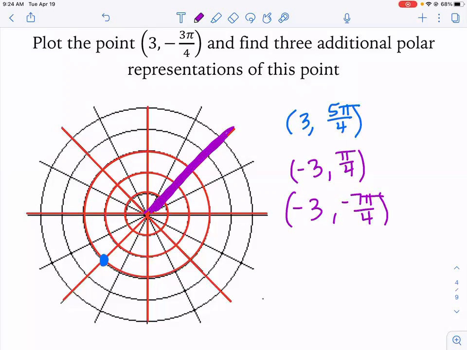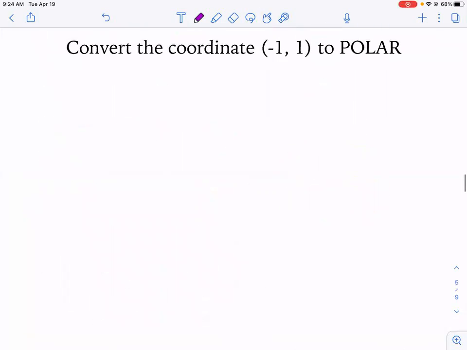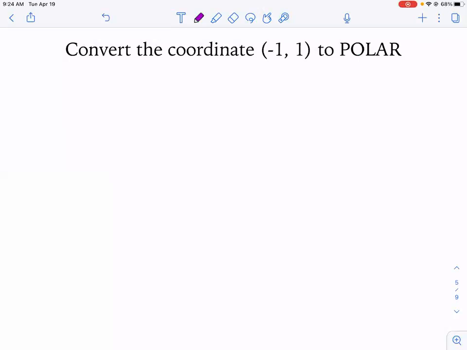So if you have to plot 5 points, draw this once and just plot your 5 points on here. All right, let's go ahead and convert. I want to convert -1 to polar. So I have a rectangular coordinate that we want to convert to a polar coordinate.